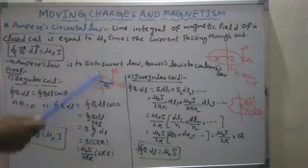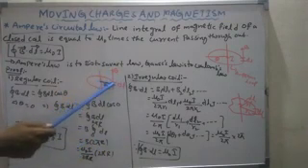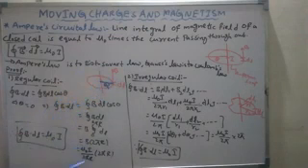B is the magnetic field due to the current carrying straight conductor at r distance, mu naught I by 2 pi r, into 2 pi r. The 2 pi r cancel, and we get mu naught I. So closed linear integral B bar dot dl bar is mu naught I. This is called Ampere's circuital law.